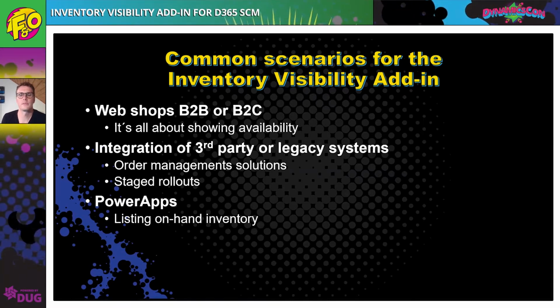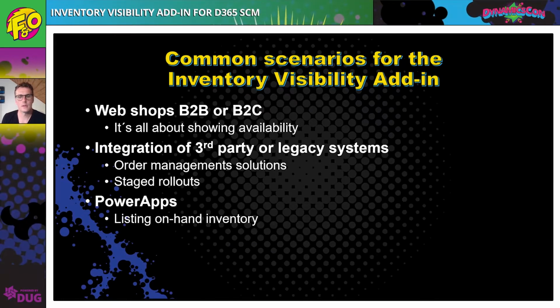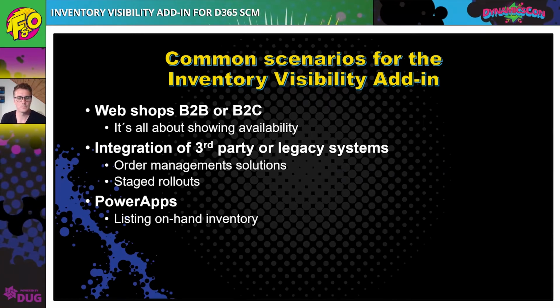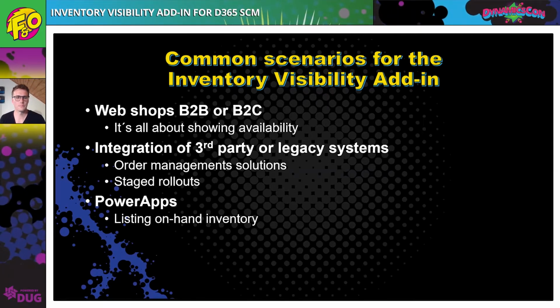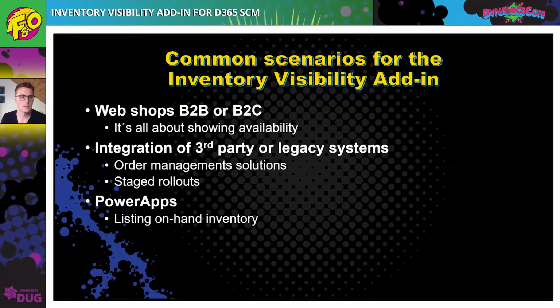Without the visibility add-in, you would have to implement calls to F&O. Another common use case is, let's say, a Power App, where you want to show on-hand information, for example, for different warehouses, for different items, and so on.